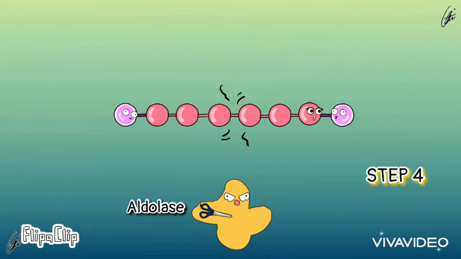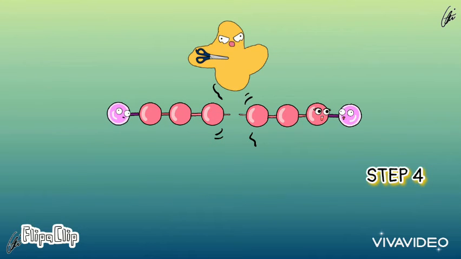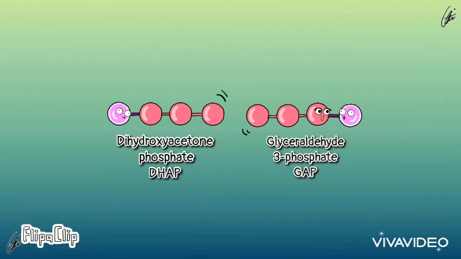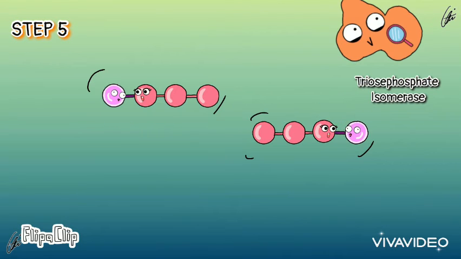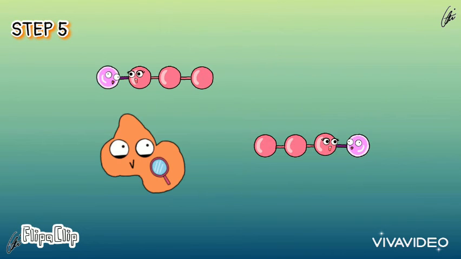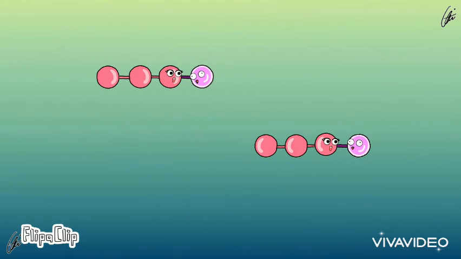Then, aldolase will cut the molecule into 2 molecules, DHAP and GAP.